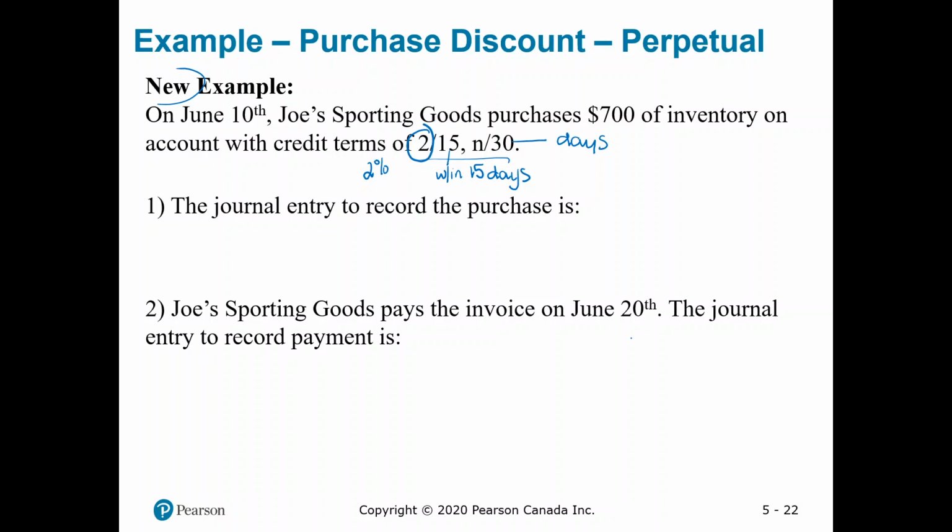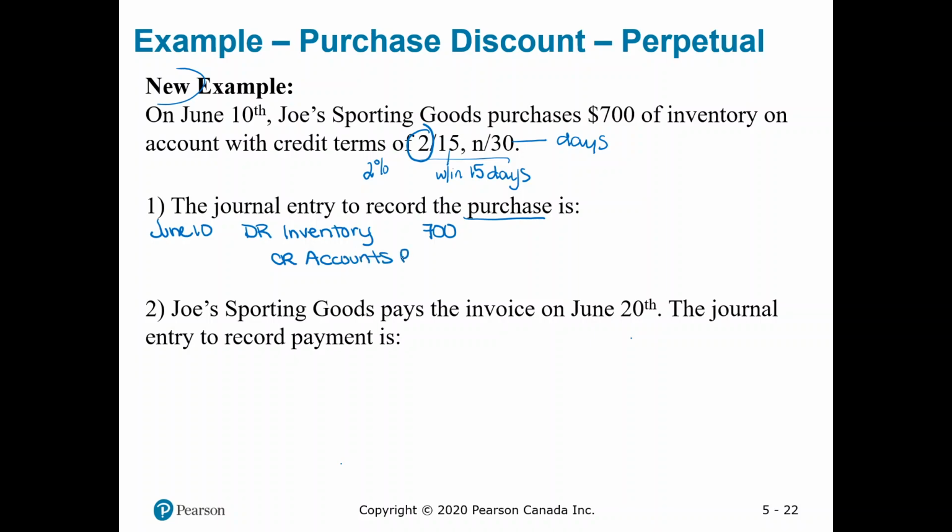So the journal entry that we need to record the original purchase. So again, I've said when you record the original, you book it at the full amount because we don't know if we'll get the discount or not. So on June 10th, when we make this purchase, we debit inventory for the full $700 and credit accounts payable for that full amount.